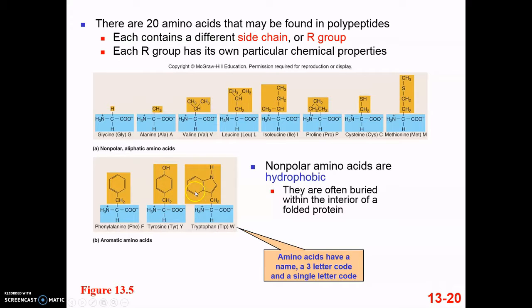Double bonds, again, are pi bonds, and they can do some unique things that these others cannot do. So we'll put them in another subcategory of hydrophobic. So now we have just the aliphatic amino acids and the aromatic amino acids, both of which are nonpolar in nature.